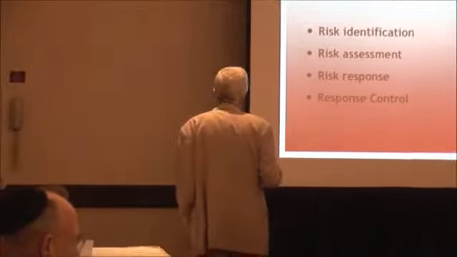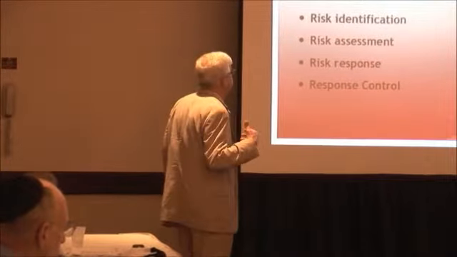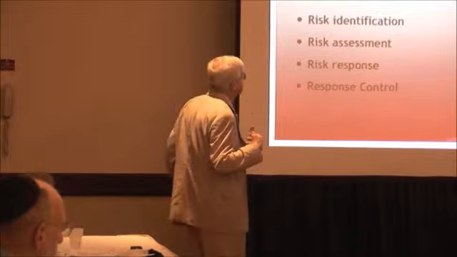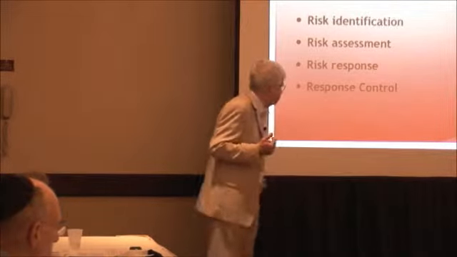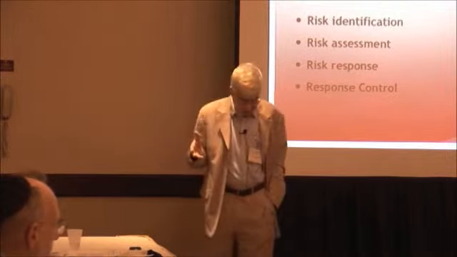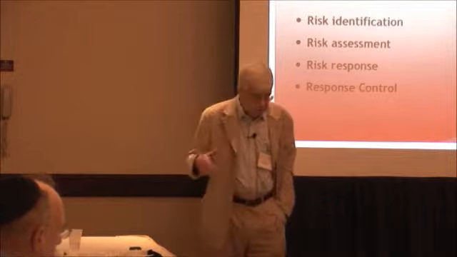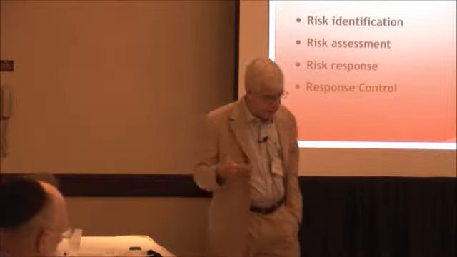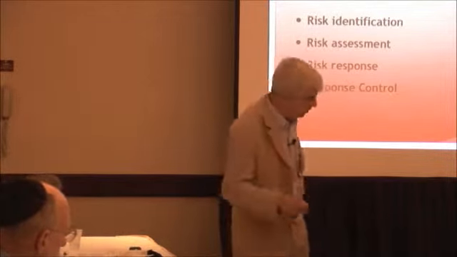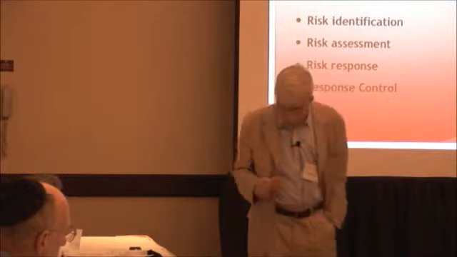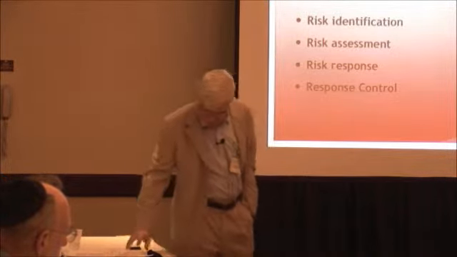And finally, for many authors, the risk management process finishes there, but some others extend it to response control, meaning what happened and how we control the process after the response. So we keep moving.